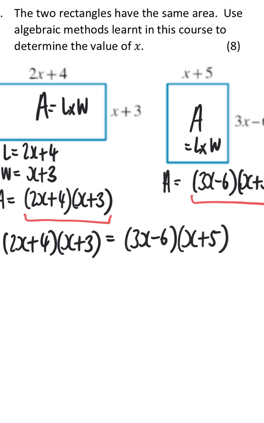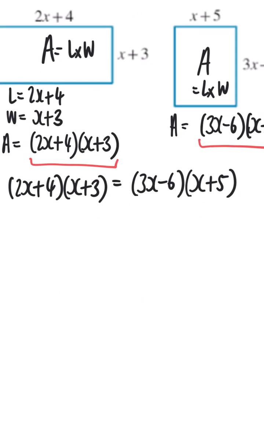Now, we want to solve this for x because the question asks us to determine the value of x. Remember that we can't solve quadratics unless it's equal to 0, and currently we've just got a whole big load of mess here. We need to make things a bit messier initially by expanding out all of these brackets, collecting all of our like terms, and then seeing what we're actually working with here. So I'm going to expand out this left expression.